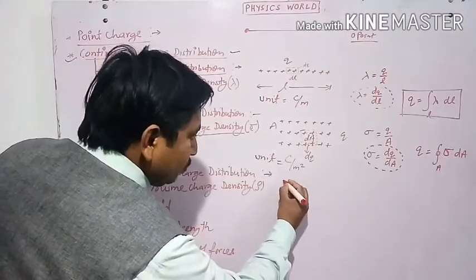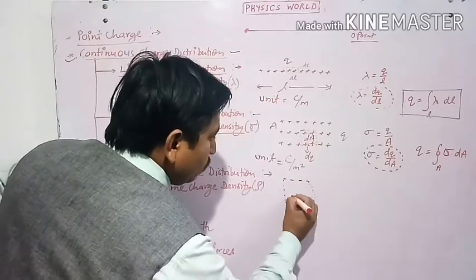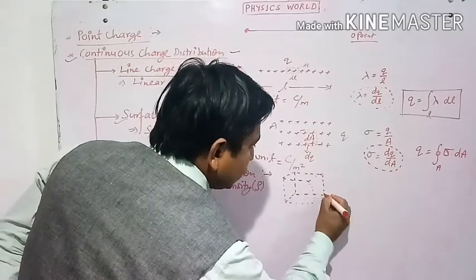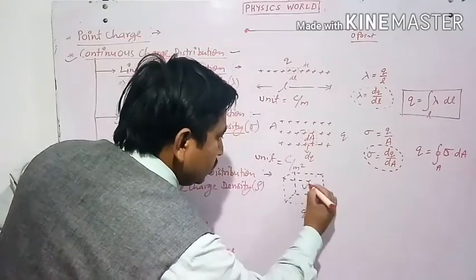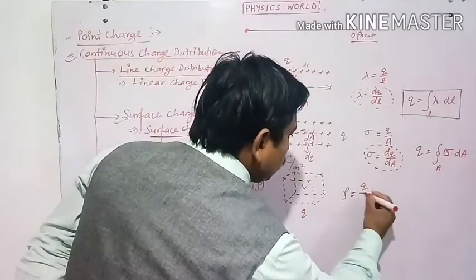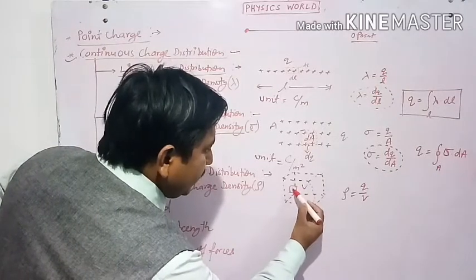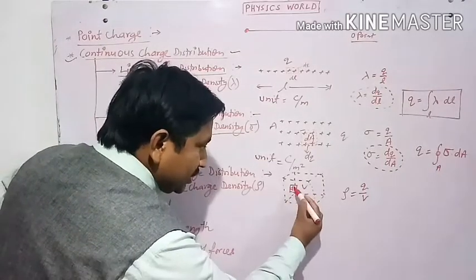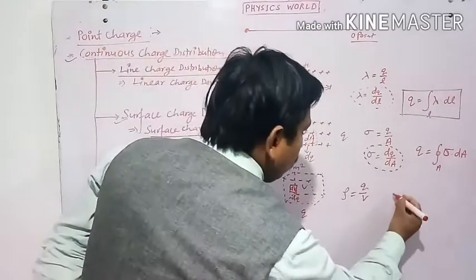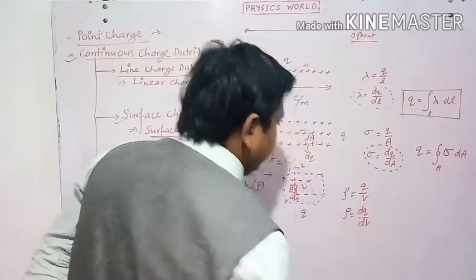So suppose that we have a volume whose total volume is V and the total charge distributed over this volume is Q. So the volume charge density rho can be expressed as Q by V. If we take a very small volume dV and the charge distributed over this small volume is dq, then rho can also be expressed as dq by dV.